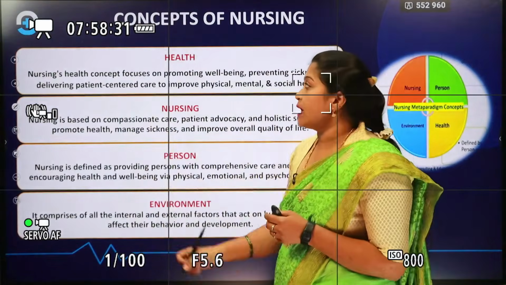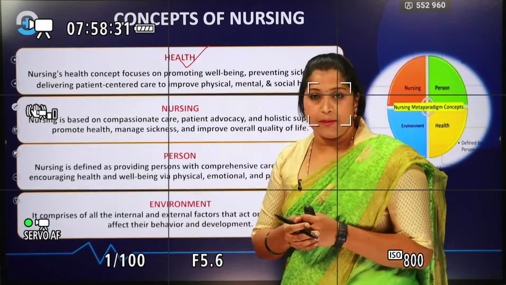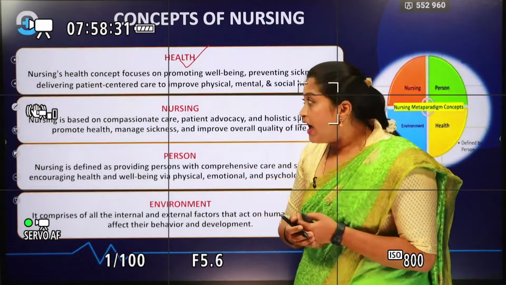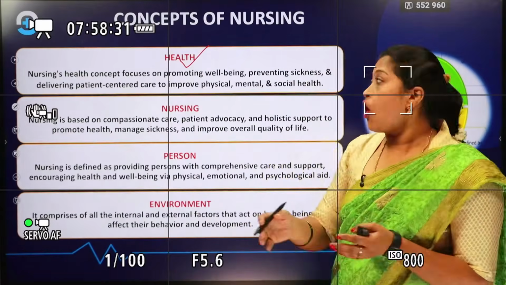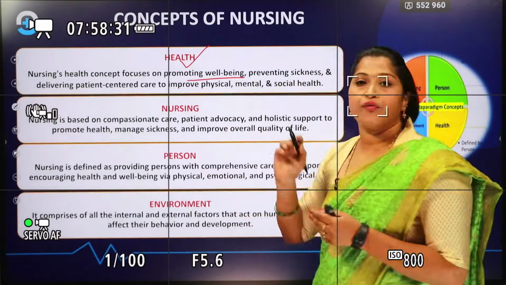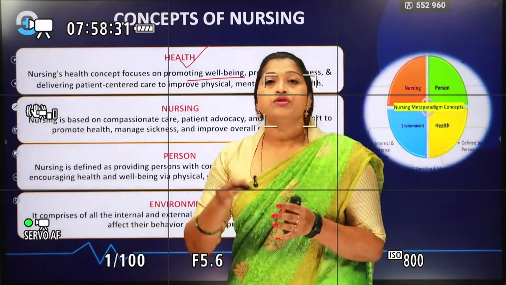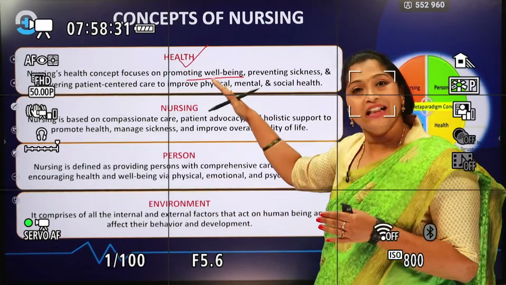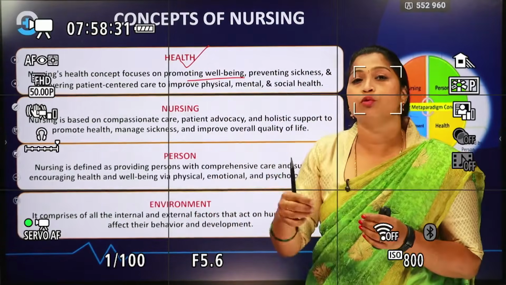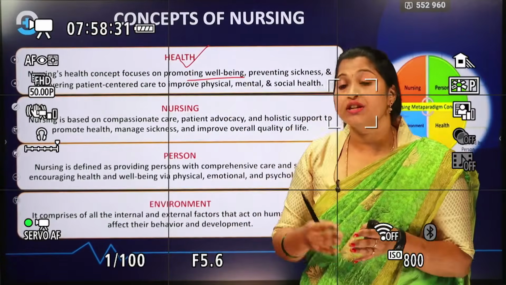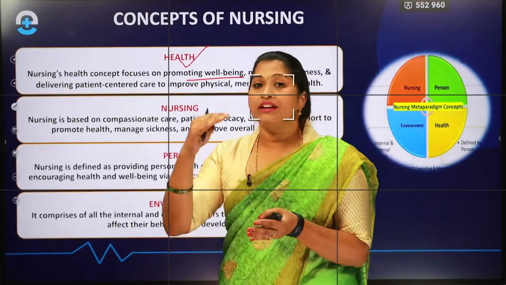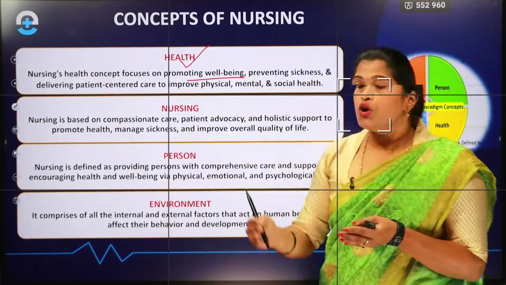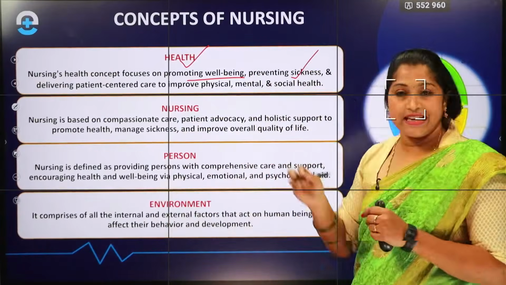The first concept is our health concept. Under our health concept, we are focusing on the promotion of well-being of a patient. Our main point is that we are promoting the health of the patient. How? By making sure the illness is being reduced, or we are preventing the sickness.